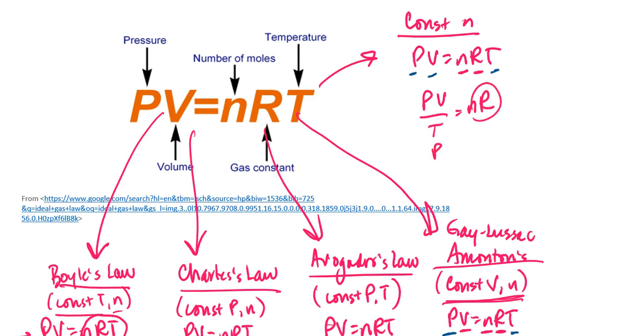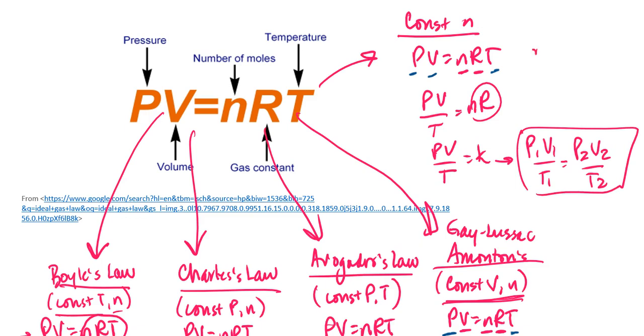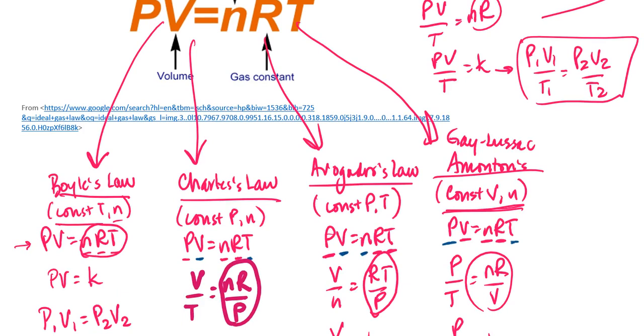If this is a constant, that's PV over T is equal to some constant, or if I have two conditions, initial and final conditions, that's P1V1 over T1 is equal to P2V2 over T2, and you should be able to recognize this as the combined gas law.